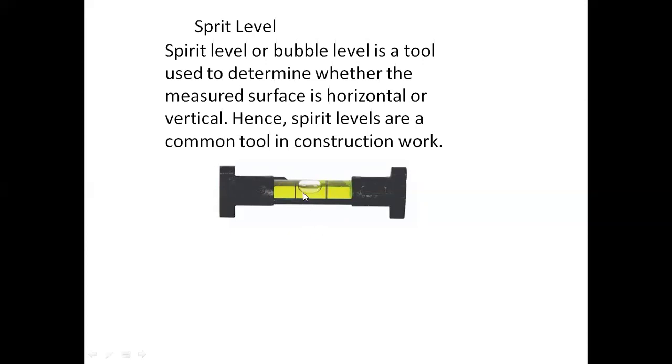When the bubble shown in the figure is in the middle, the surface is perfectly horizontal. When it moves towards the right or left side, that side is at a little lower level than the other. If it is towards the right, the right side is lower than the left side, and if it is towards the left, the left side is a little lower than the right side, so that can be adjusted accordingly.